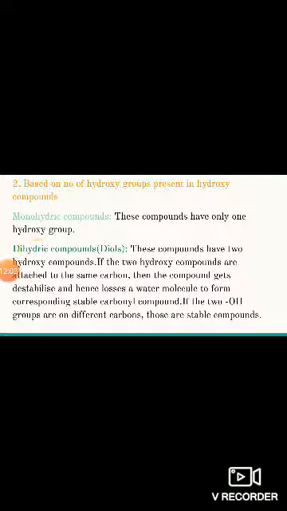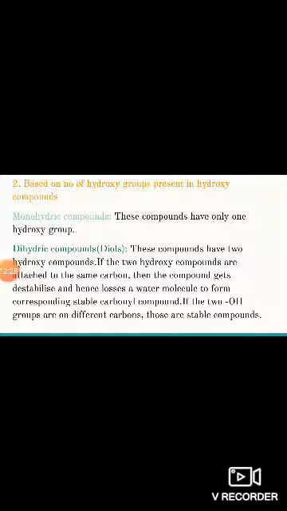Next, dihydric compounds. Dihydric compounds are also known as diols. According to IUPAC nomenclature, hydroxy compounds are named with the functional group suffix ol, that is alkanols. So ol indicates alcohol, a hydroxy compound.